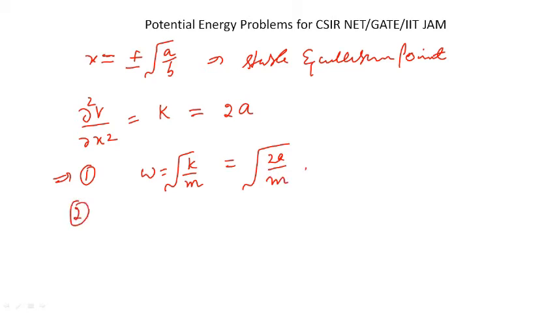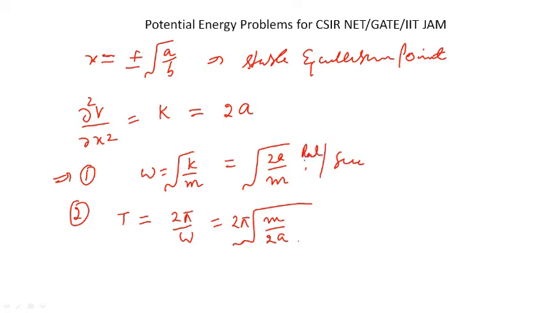Now second, you have to find the time period. So for time period you will use the formula 2 pi upon omega. So it will be equal to 2 pi root m upon twice a. Omega can be written in radian per second, and the time period will be in second.